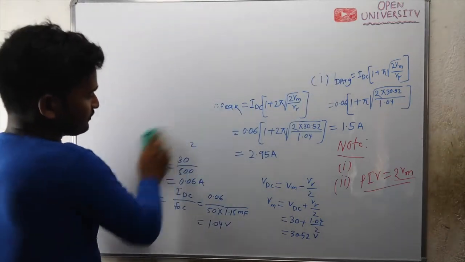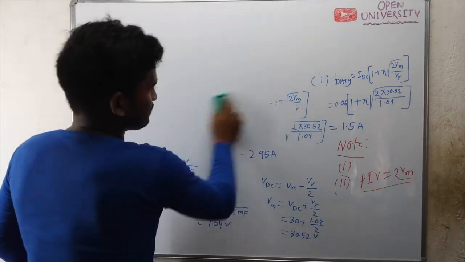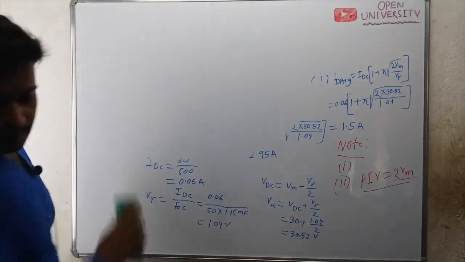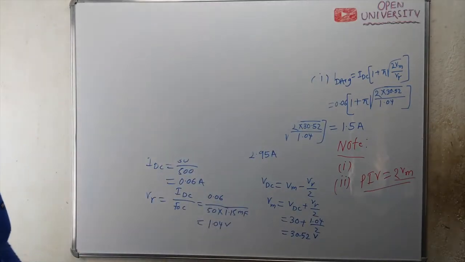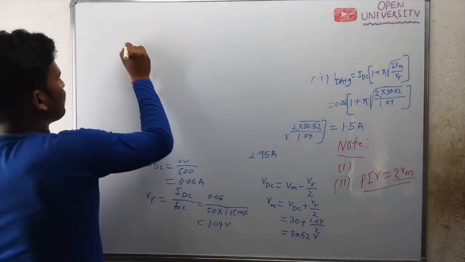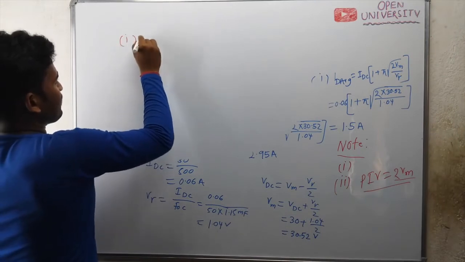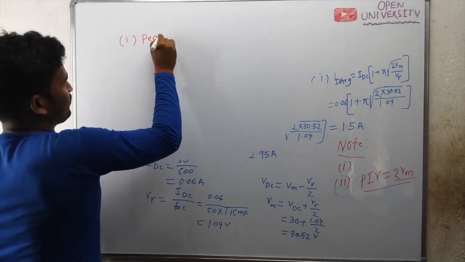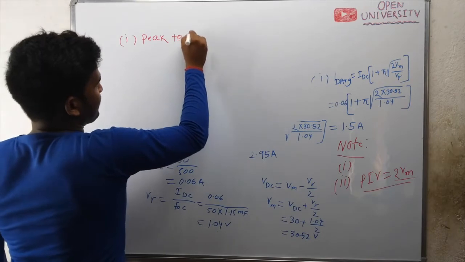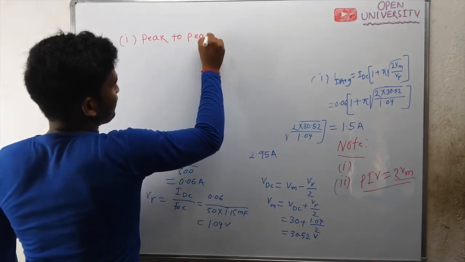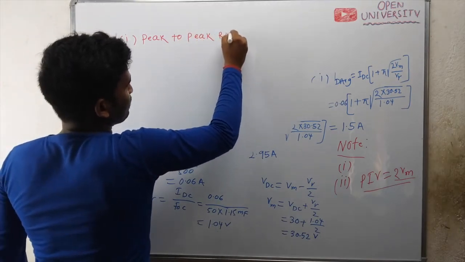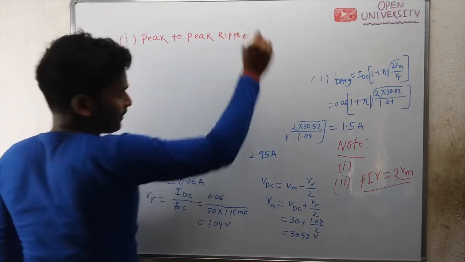First point, peak to peak ripple voltage.